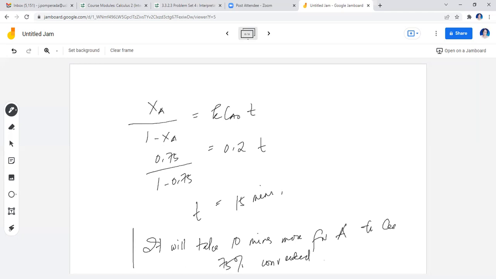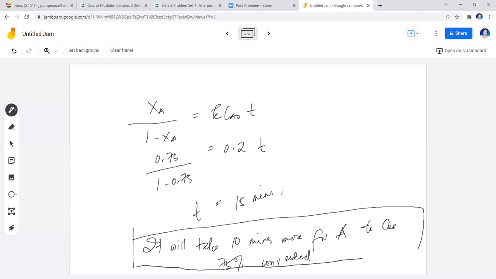Okay, so this is your answer. This should be the one that you box whenever it's part of the instruction that you box your final answer. 15 minutes is your computed time. That means it will take 15 minutes for your A to be 75% converted. But from the 5 minutes, it will take 10 more minutes for that to happen. Any question?